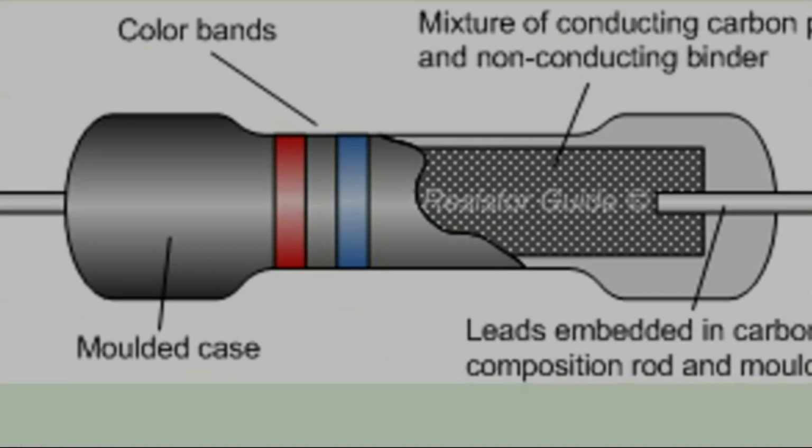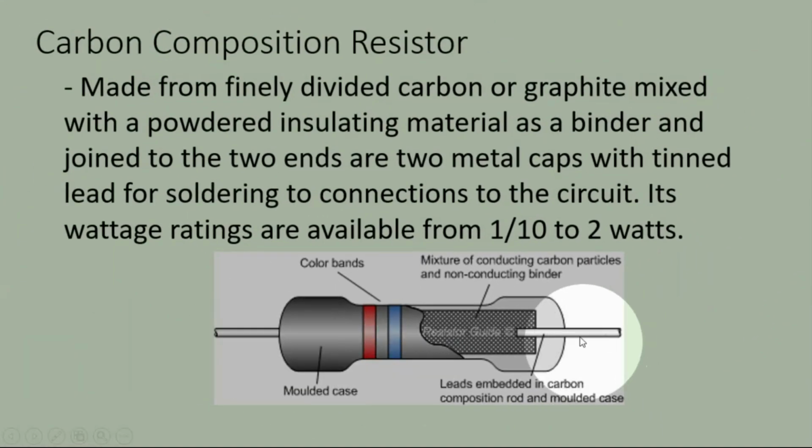Then there are two metal ends here, as you see in this figure, the leads, for soldering the connection to the circuit. This kind of resistor, the CCR, is available from 1/10 to 2 watts. You'll see here in the figure that it has color bands to indicate the rating of this resistor.